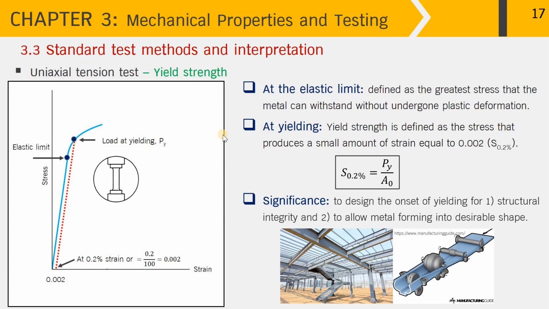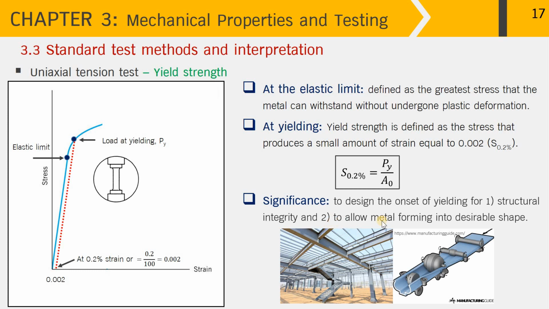And the significance of the yield strain is twofold, both relating to the design and the onset of yielding. First, structural integrity. If you're an engineer, and imagine when you have to choose materials from a specification, you have to make sure that you will keep the structure safe for working in service. That's why we have to know the yielding point of the metal.